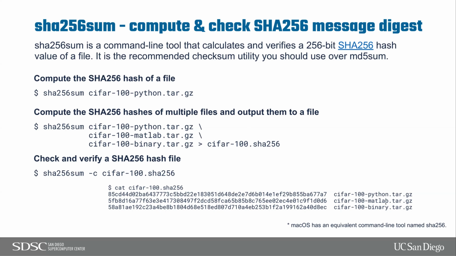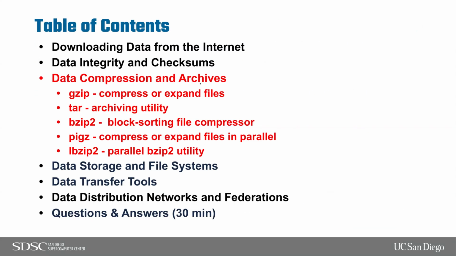So you'll type in just SHA-256 and the file name, versus on a Linux or any other Unix-y operating system, where the command line tool is named with this sum at the end. So, okay, that's what checksums and data integrity are good for.